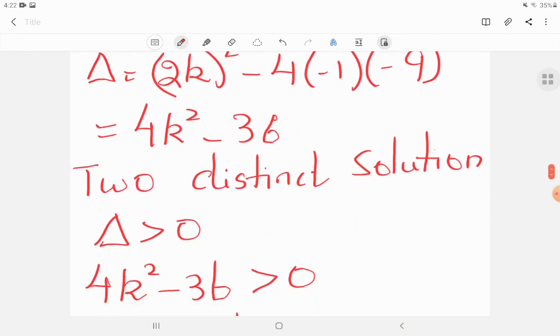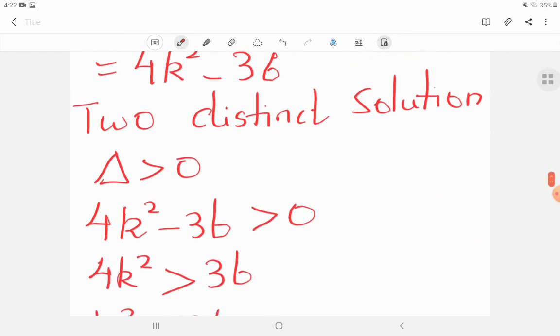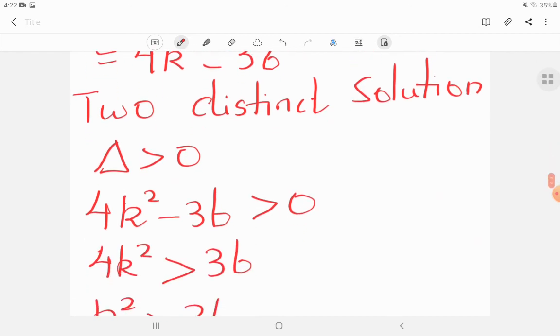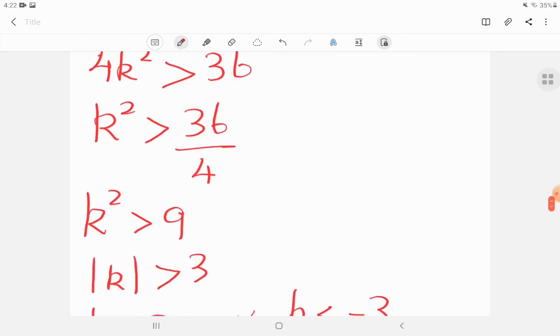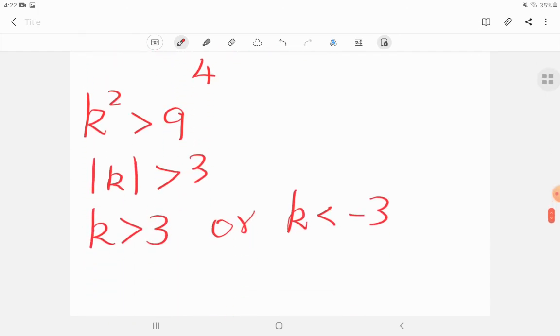Two distinct solutions means delta is greater than 0, so we solve and get k square is greater than 9. So the absolute value of k is greater than 3, which means k is either greater than 3 or k is less than -3.